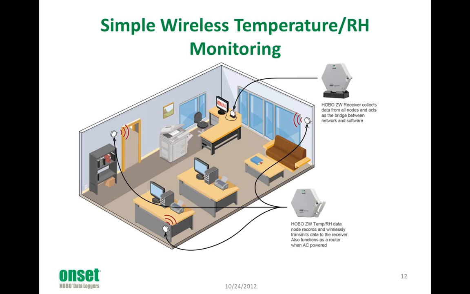So what we have here is a diagram of a simple 3-node network monitoring the temperature and humidity of an office for your comfort complaint. You may be in a situation where you're getting complaints that a particular work environment is either too hot or too cold, and depending on your position, it may be critical to verify this or make corrective actions before a complaint is lodged.